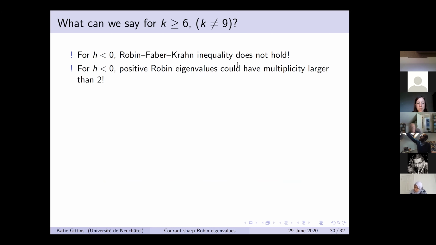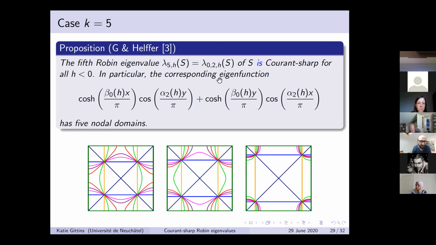But the bigger problem in some sense is that when h is negative, as we mentioned, the multiplicities could be larger than 2. And the figures that I've shown you so far, even here, are linear combinations of 2 eigenfunctions. So we know how to analyze those. But if I look here, I would have a multiplicity 3, for example.